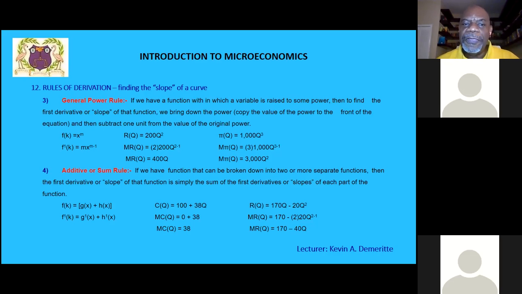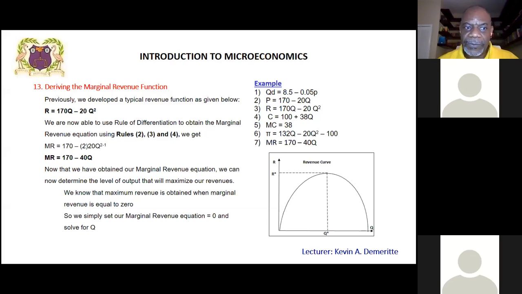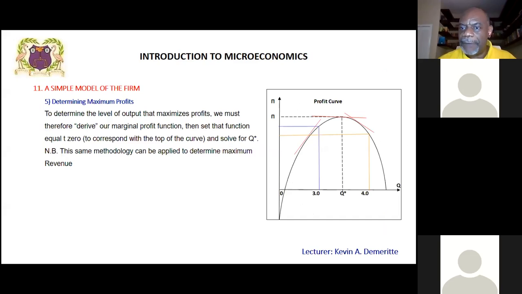So what this allows us to do then, it says, we're now able to look at the complicated equations, like our revenue equation and our profit equation, and find out the slope of those curves at any point. Now, that only gets us halfway home. All right. Let's go back to our profit for a moment.